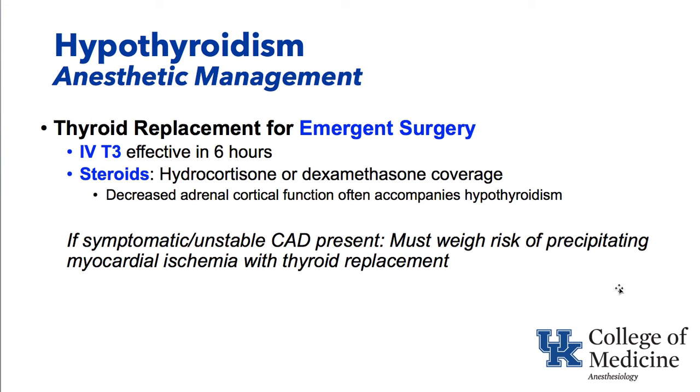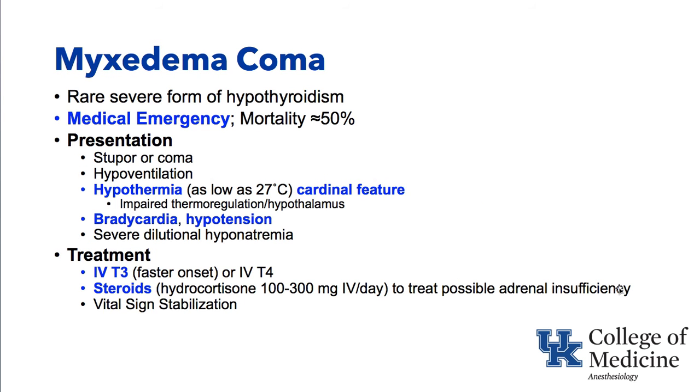But remember that if you have a patient who has coronary artery disease, for example, and you give them T3, which ramps up their cardiac function and their oxygen use by their heart goes up, you may actually precipitate myocardial ischemia when you initiate thyroid replacement. So beware of that. IV T3 is the drug that is chosen in the severe hypothyroid patient for emergent surgery with steroids, but being aware that the cardiovascular effects may uncover a coronary artery disease.